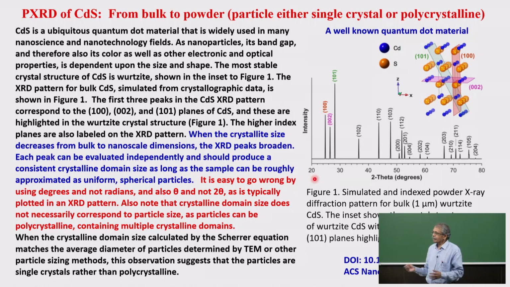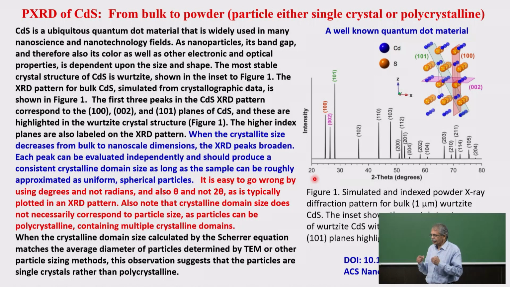So as long as the sample is more or less uniform and spherical particles, this will match with what you see even in the TEM. But otherwise it will not. If they are not uniform, each particle does not have exactly the same nanoscale crystalline domains.